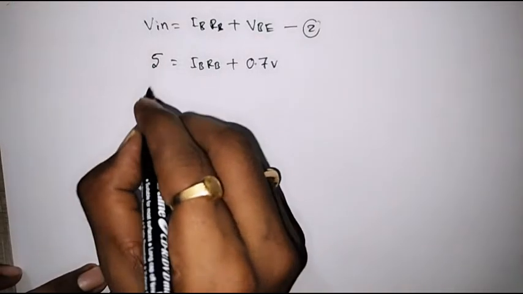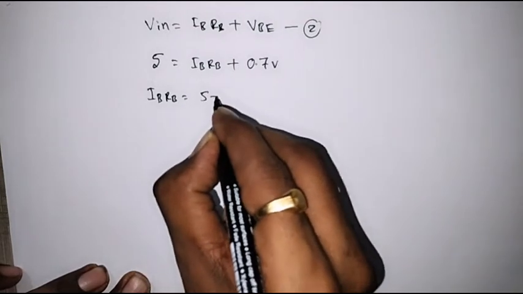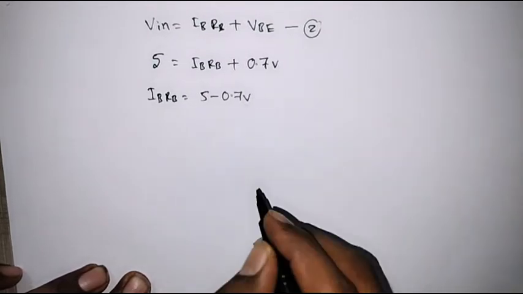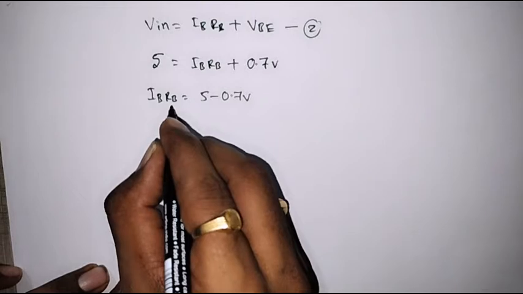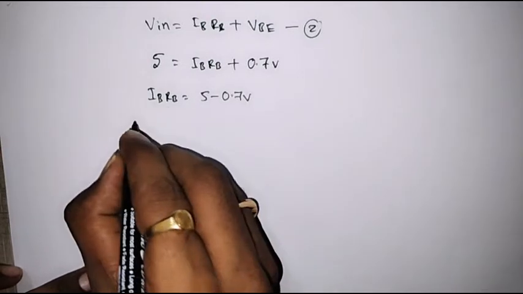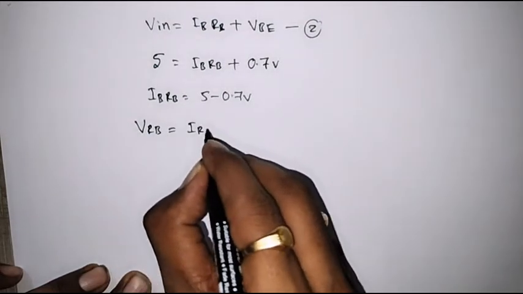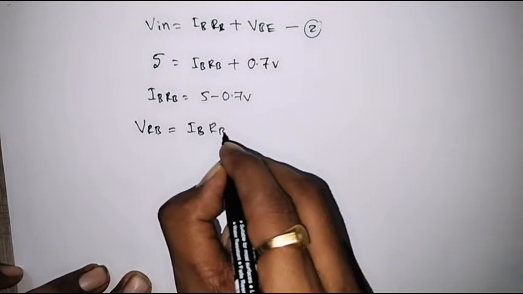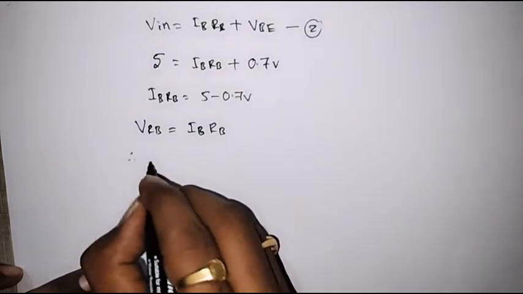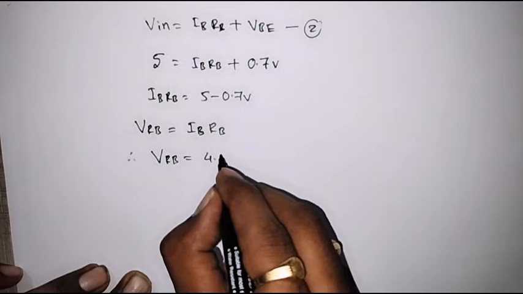So therefore I can write IB RB is equal to 5 minus 0.7 volt. Here IB RB is nothing but the voltage across resistor RB, that is VRB is equal to IB into RB. Therefore VRB is equal to 4.3 volts.